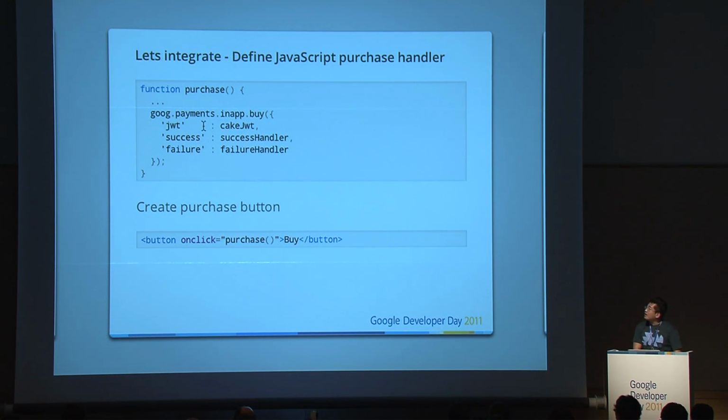What I'm defining here is a JSON Web Token that I previously created, a success handler, which is a JavaScript function to handle success, and a failure handler, which is a JavaScript function that'll be called if the transaction somehow fails, if they cancel or if there's an issue with a card. Once I've done that, I can simply add a handler onto my button that calls the function itself. And that's all of your client code that you need.